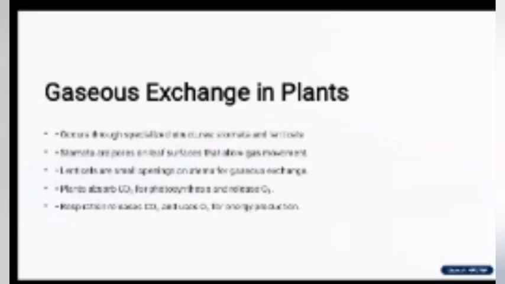Now we'll be looking at two key characteristics of living things. The first one is respiration. Then the second one we'll also be looking at tonight is reproduction.